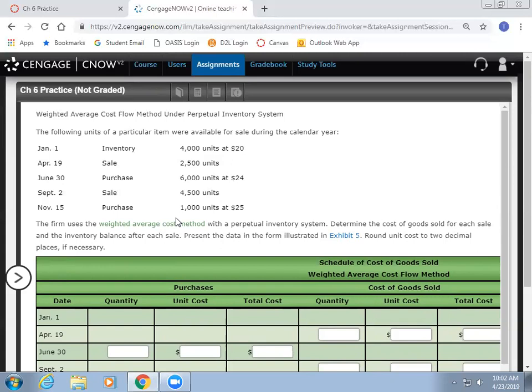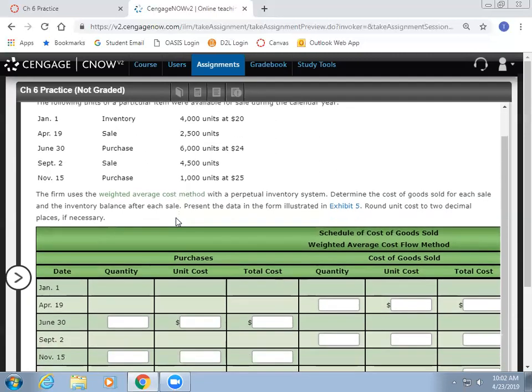We do have different data on this one, and they didn't have one that was the same sales data. So here we have a whole year, with beginning inventory January 1, and then sales and purchases as we go through. We're going to calculate cost of goods sold using the weighted average method, okay?